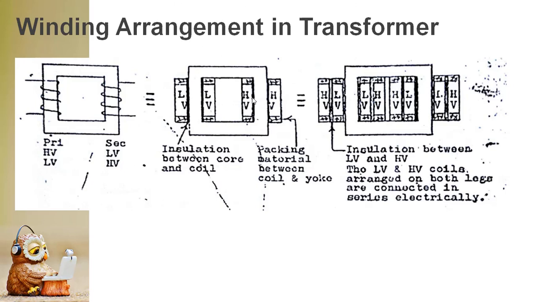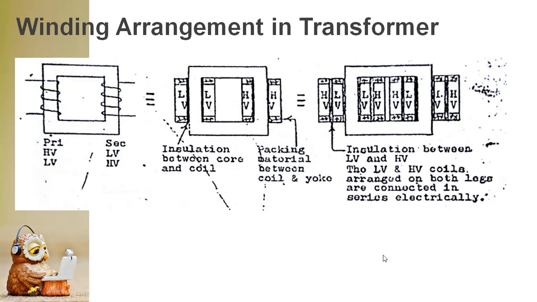So that's why, instead of using this type of winding arrangement, what we actually do is this. The limb will be covered by the LV winding, and over the LV winding we will be having the HV winding. So both the limbs have both LV and HV winding. Here you can see that one limb is having LV and the other limb is having HV.